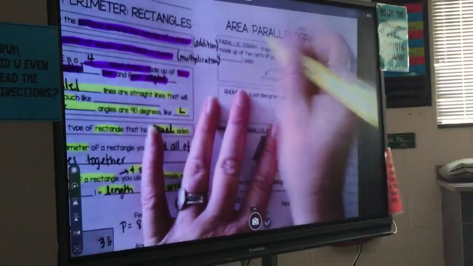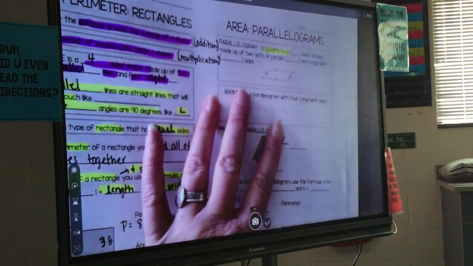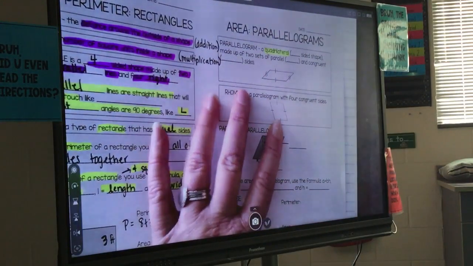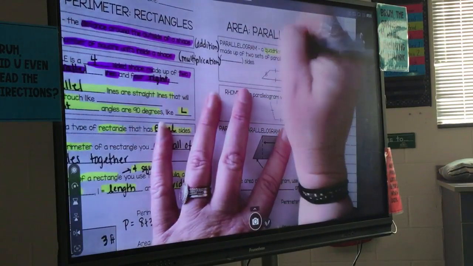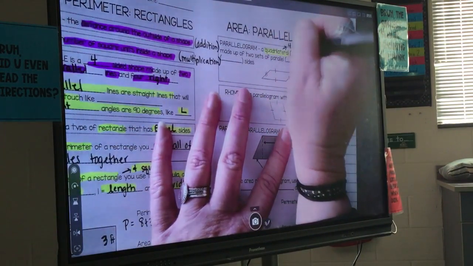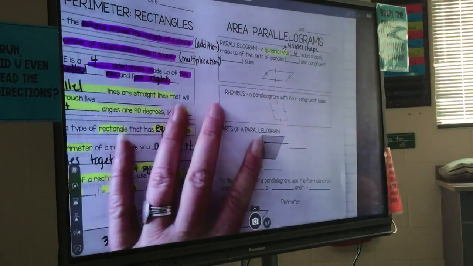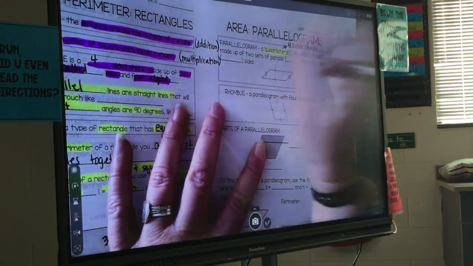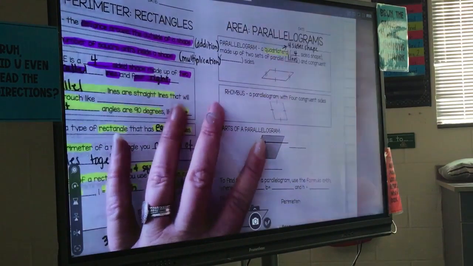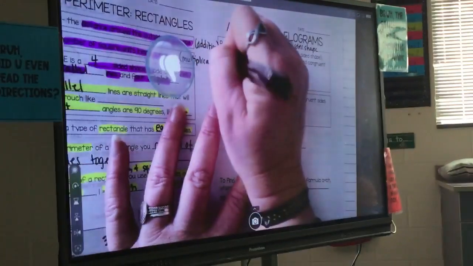Raise your hand and tell me, what is a quadrilateral? BK: A 4-sided shape. Okay, so it's got 4 sides. It's made up of 2 sets of parallel lines and congruent angles.